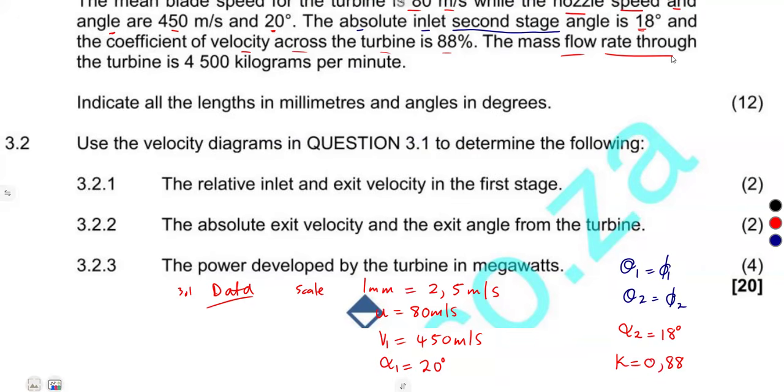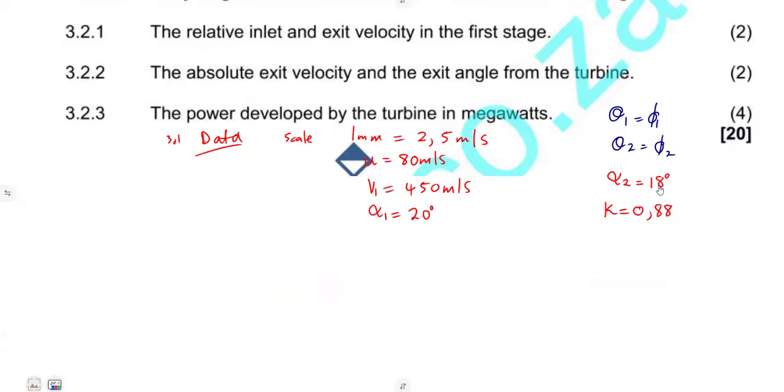The mass flow rate through the turbine is given in kilograms per minute, so divide by 60 to convert to kilograms per second. That's 75 kilograms per second. We are asked to indicate all lengths in millimeters, angles in degrees. This is worth 12 marks.